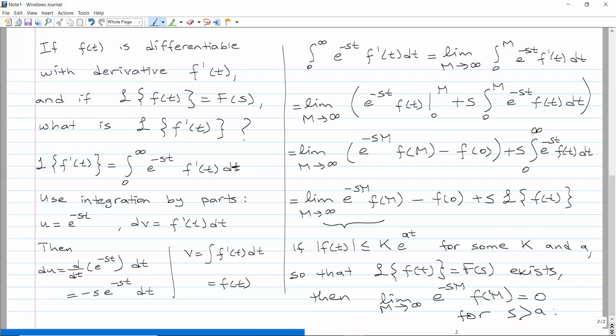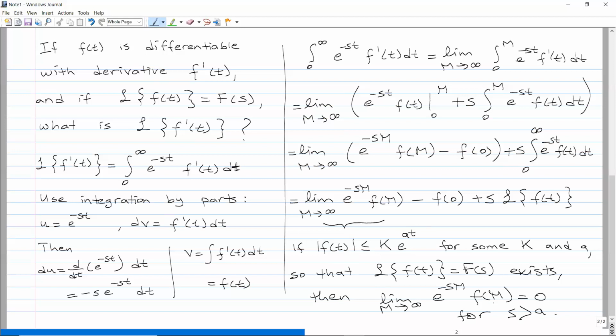Of course, it depends on the value of s. I'm going to replace my function with, okay, I need to take the absolute value, but suppose it's a positive function, or take the absolute value. Then instead of the function f, I have this function e to the at.